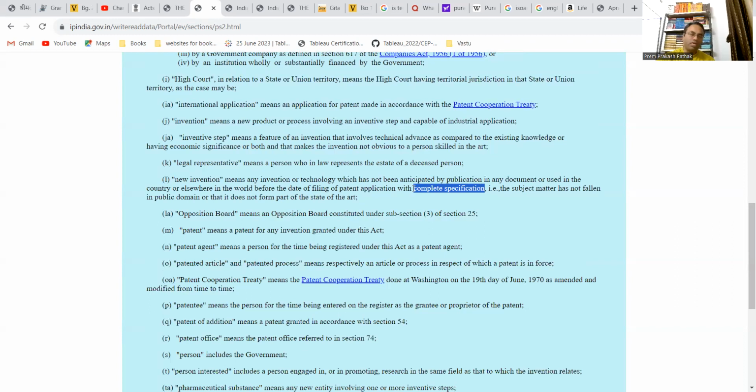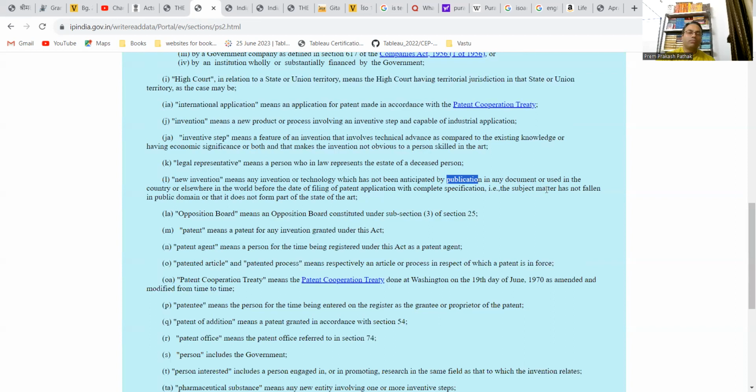So there are different types of application. One is provisional and one is complete. So when we are going to file the complete specification, before the date of filing the patent application with the complete specification, there should not be any publication or evidence of use.